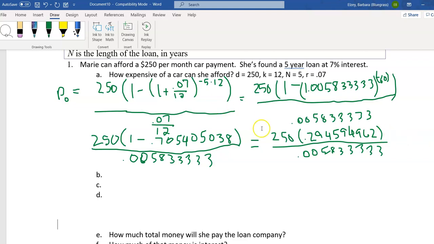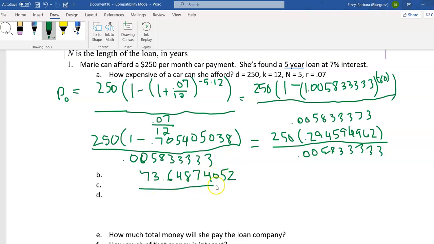And I get 73.64874052 divided by that ugly denominator. And then finally, let's divide those out, and we will have our answer.